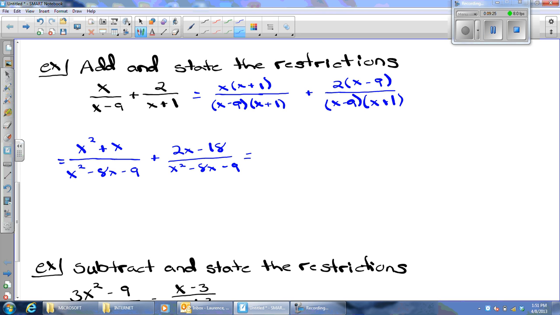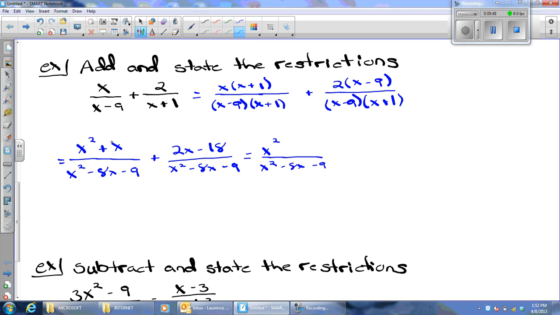Okay, so we're adding here. So we have common denominators, now we can add. So our denominator is going to be the same, x squared minus 8x minus 9. We're going to add. So we have an x squared over here. We do not have an x squared here, so x squared goes here.